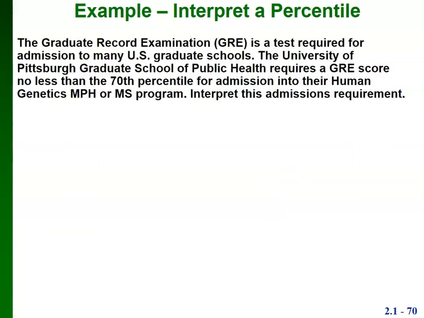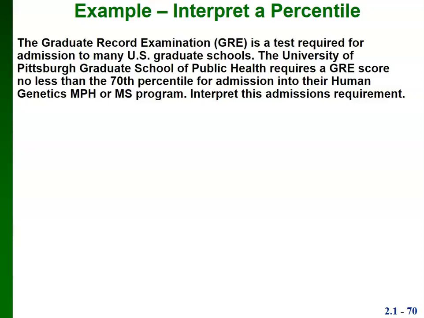Here's an example of interpreting a percentile. If you go to graduate school, you may have to take a test called the Graduate Record Examination, or the GRE. The University of Pittsburgh Graduate School of Public Health requires a GRE score no less than the 70th percentile for admission into their human genetics program.